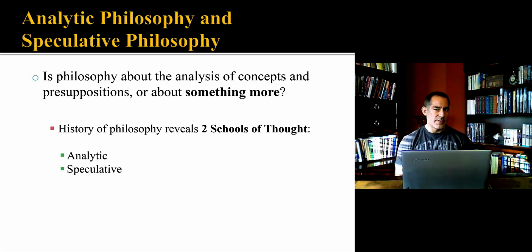I'm going to touch very briefly right now on what we might call the difference between the analytic and the speculative approach to philosophy. We could talk about there being two schools of thought, historically speaking, breaking them down as the analytic approach to philosophy and the speculative approach to philosophy. There are lots of different ways that you could break down schools of thought in philosophy.